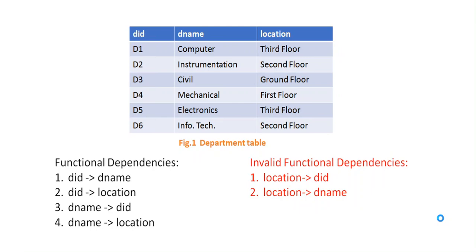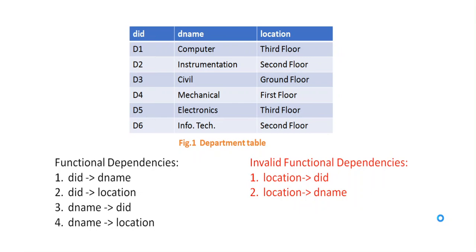Similarly, for the same value of location we have different values of department name. So this functional dependency is again invalid, that is, location determining department name. See, if I say the location of a department is 2nd floor, now tell me the department name.